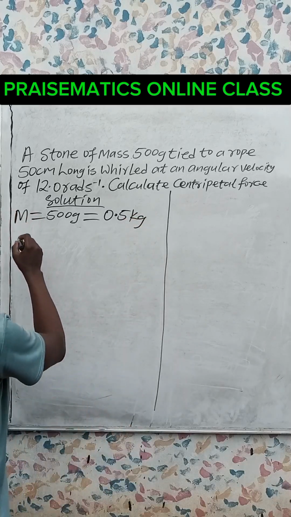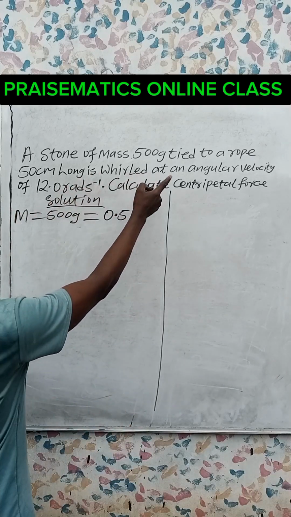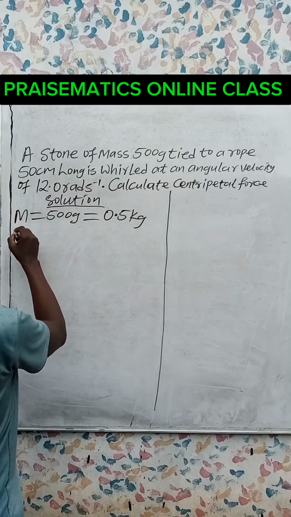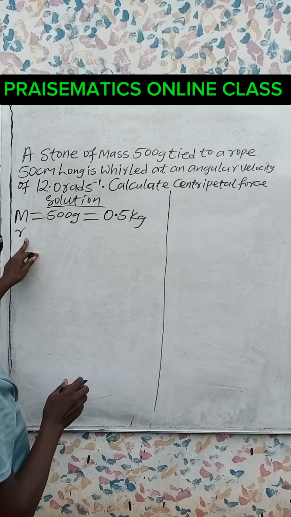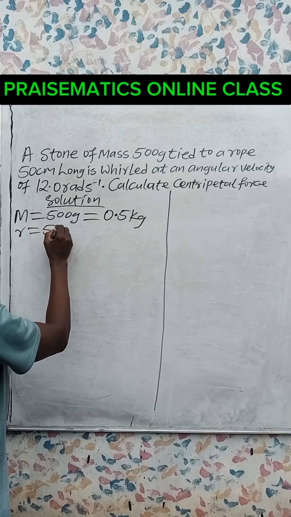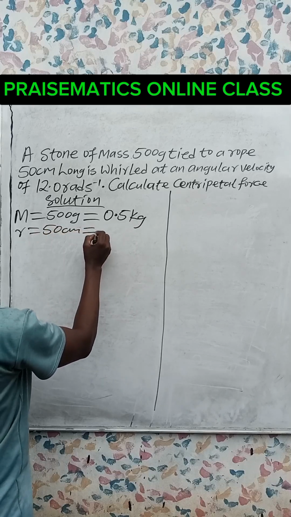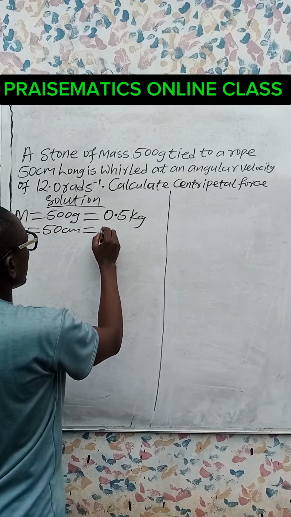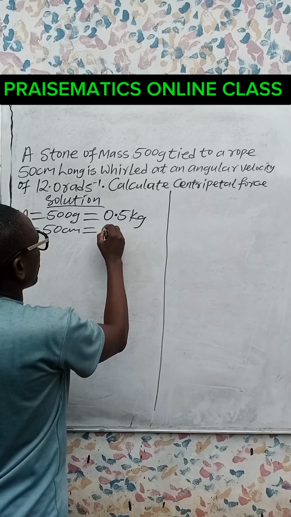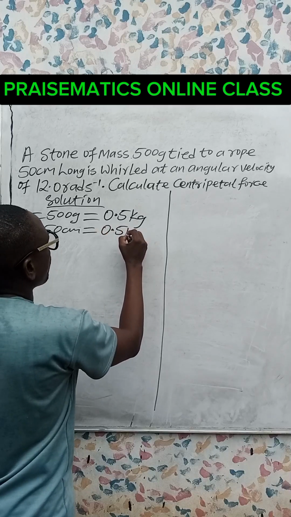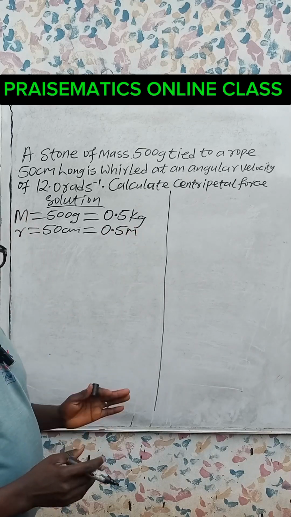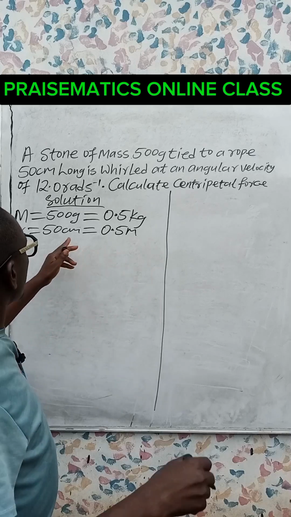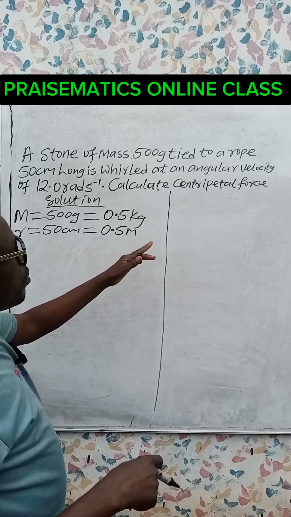Okay. Now the rope, the radius is also given, which is 50 cm. When you convert to meter, you are going to have 0.5 meter. That is the normal standard unit of radius.